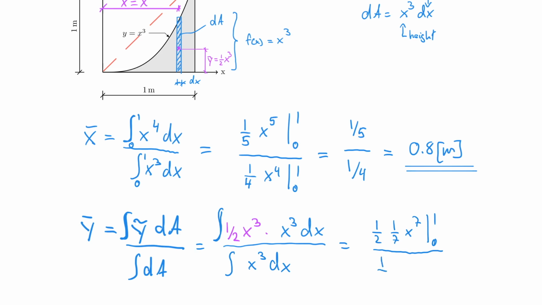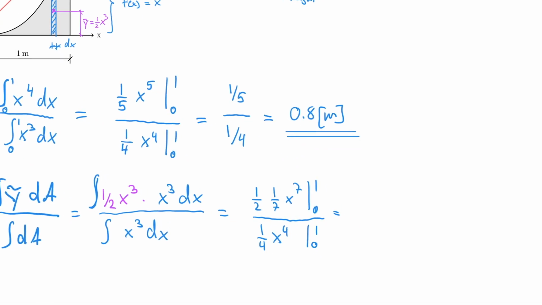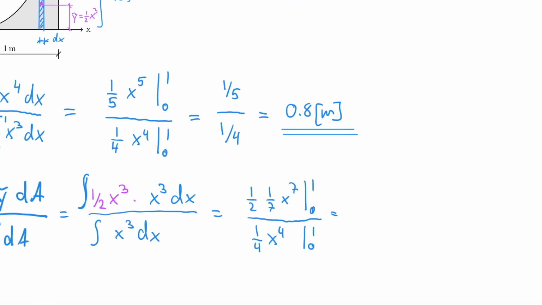In fact, it's 1/4 x to the 4 from 0 to 1. And if I solve this now, I end up with 1/14 divided by 1/4. And ultimately with 0.2857 meters.